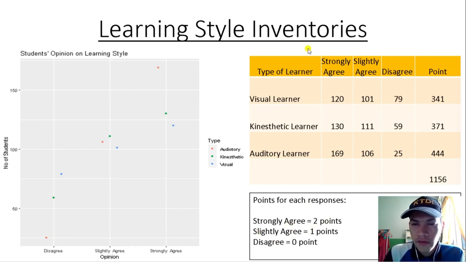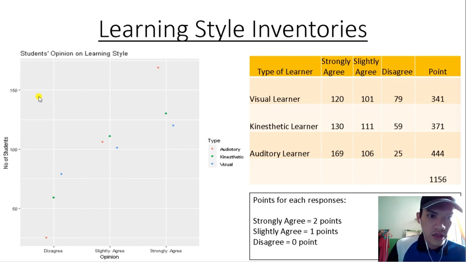From this table we can see the data that we have gathered from our questionnaire. This one is for strongly agree, this one is for slightly agree, and this one is for disagree. For the total points, we multiply the strongly agree responses by 2 plus the slightly agree responses by 1. From this table, we plotted a scatter plot where the y-axis is the number of students and the x-axis is the student opinion on learning style.